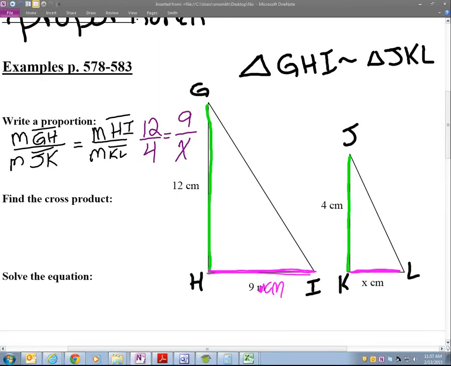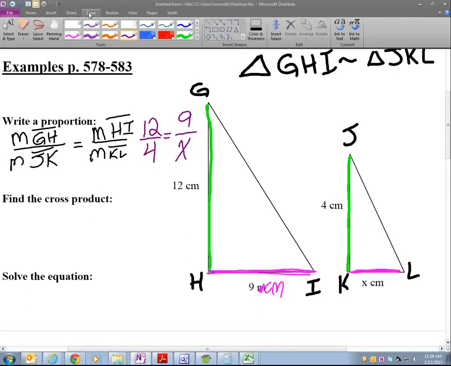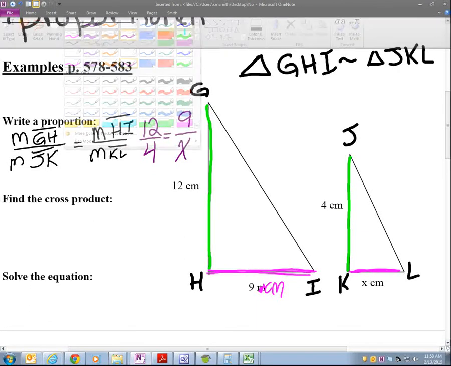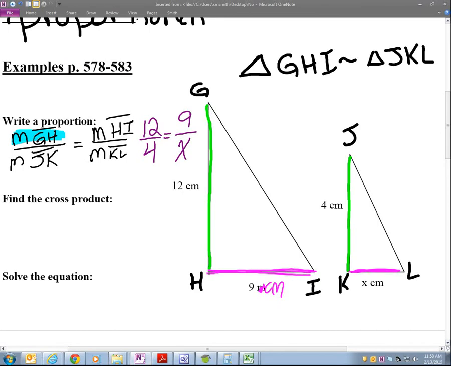So we have a proportion here. I'm going to show you where we got these numbers from. I'll use the highlighters. We have the measure of GH. Here's the measure of GH, 12 centimeters. It's in the top left of the proportion, so that's where it ended up.